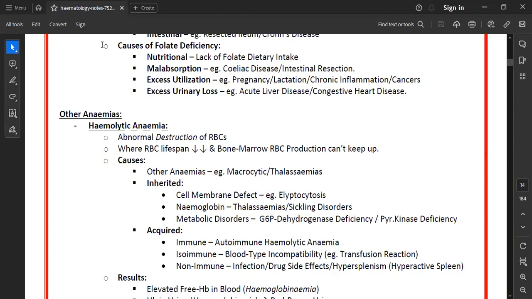Causes of hemolytic anemia can also be from other anemias, such as the macrocytic anemias or thalassemias. It can also be inherited, like cell membrane defects.